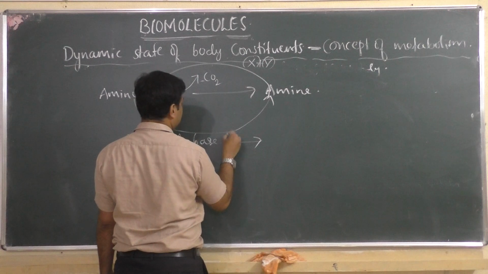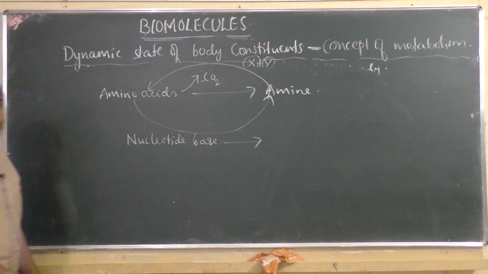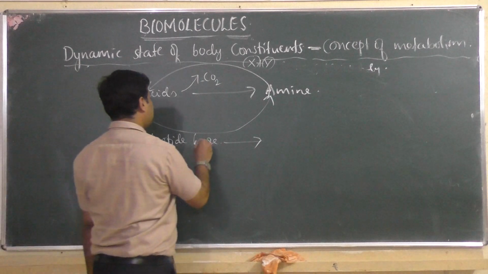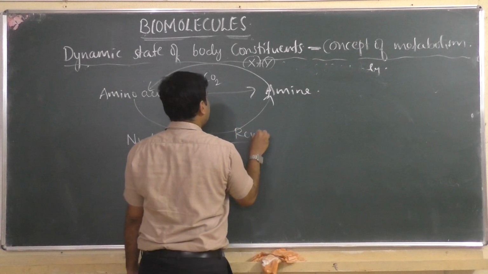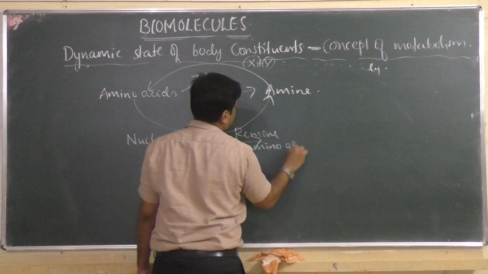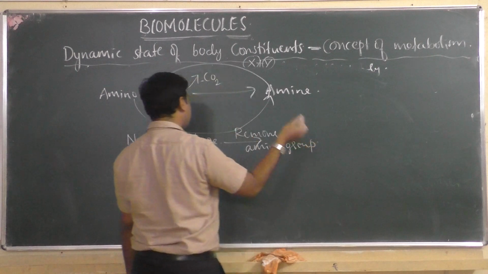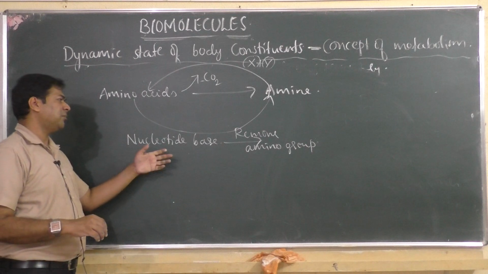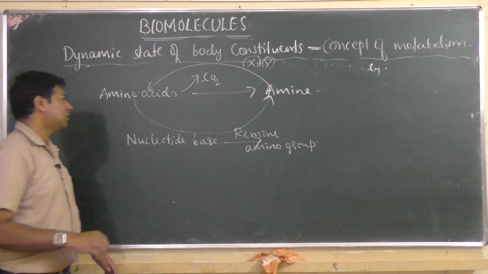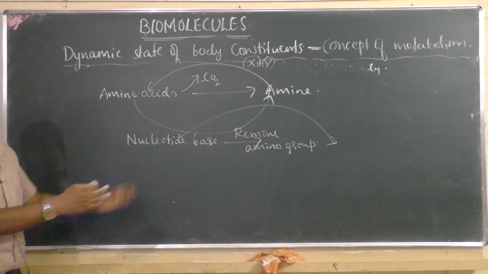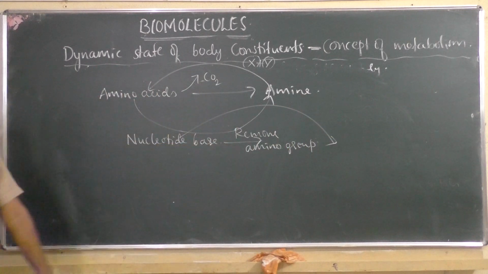From a nucleotide base, if you take it as an example, removal of the amino group, you don't have to remove it, naturally it happens. If the amino group is removed from a nucleotide base, then it becomes a different compound. That is transformation, or change, of one compound to another compound.